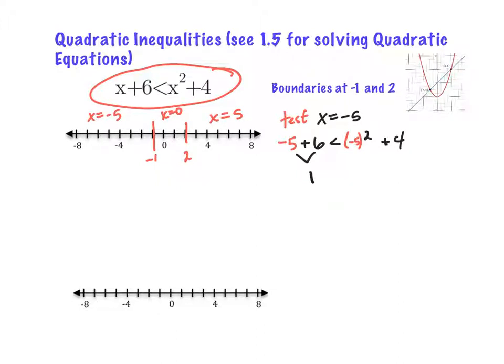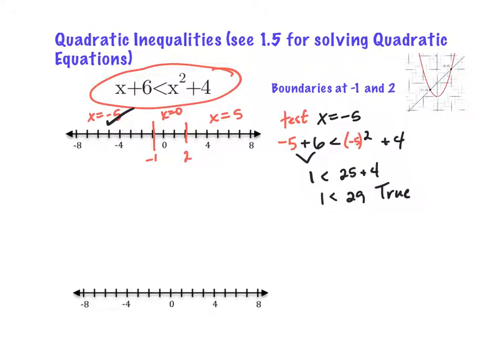I'm going to drop down less than, and then -5 squared is 25 plus 4. So I have 1 is less than 29. And that is a true statement. 1 is certainly less than 29. So this section works just fine.